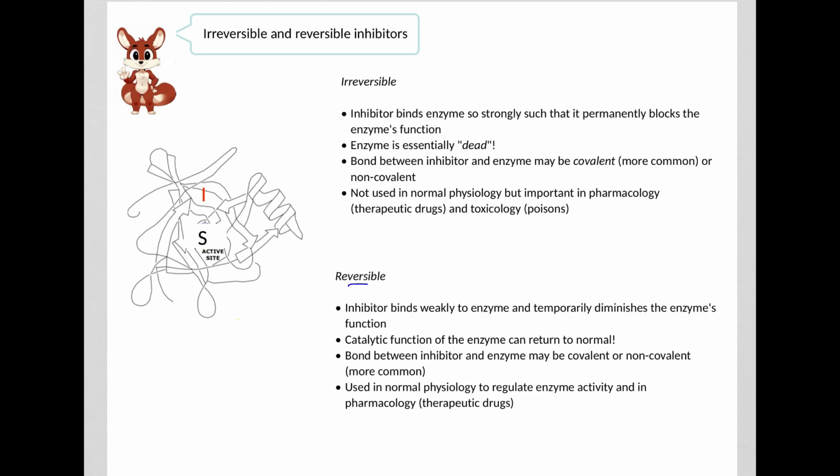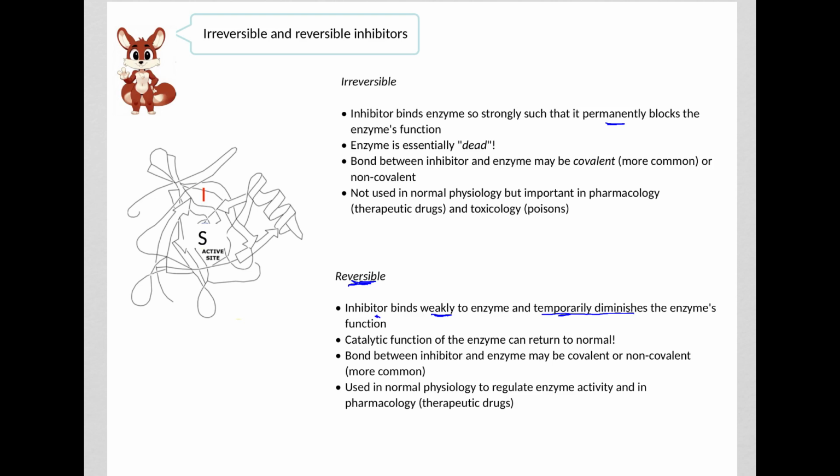A reversible inhibitor, on the other hand, is an inhibitor that binds weakly to the enzyme and temporarily diminishes the enzyme function. So it's not a permanent blockage of the enzyme function, it's only a temporary reduction.